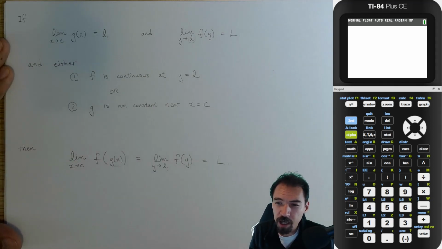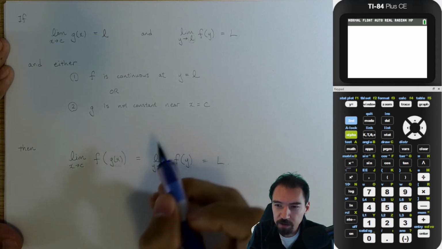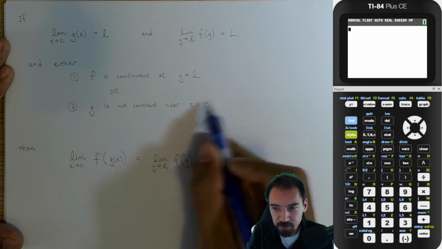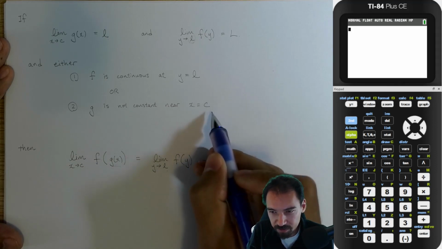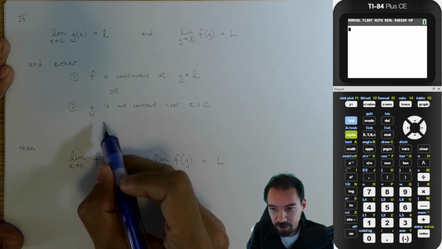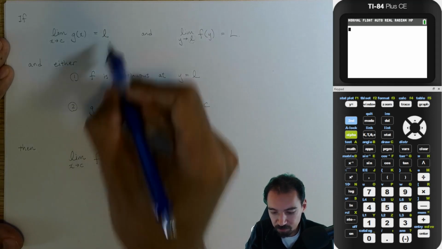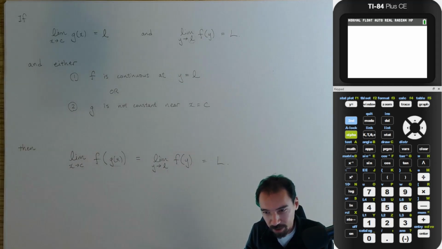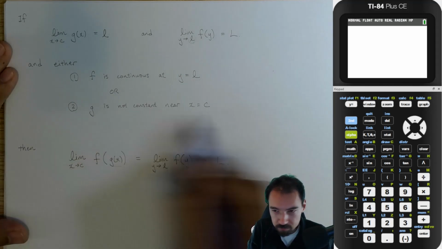If you're curious, the actual formal statement is that there must exist a neighborhood that includes the value c such that g of x is not equal to L everywhere in that neighborhood except possibly at x equals c. That's the formal way of saying it. But for now, just this is the thing.